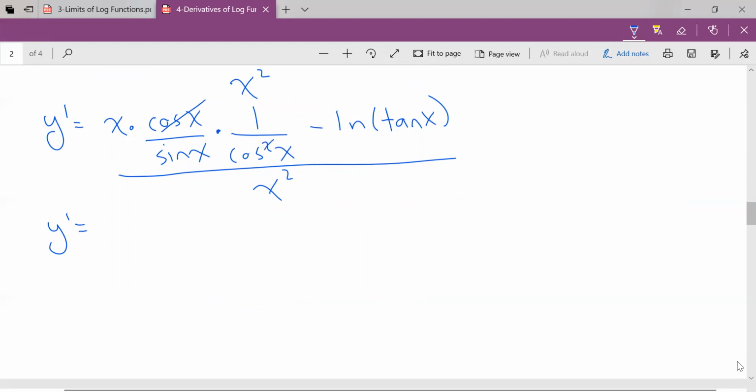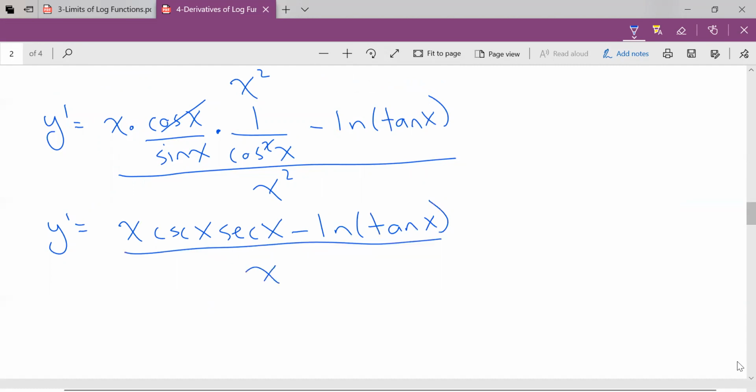And so what I have here is I'm going to rewrite, I've got x, I've got 1 over sine, well, that's cosecant x. And 1 over cos x is secant x, minus ln natural log of tangent x over x squared. Okay.